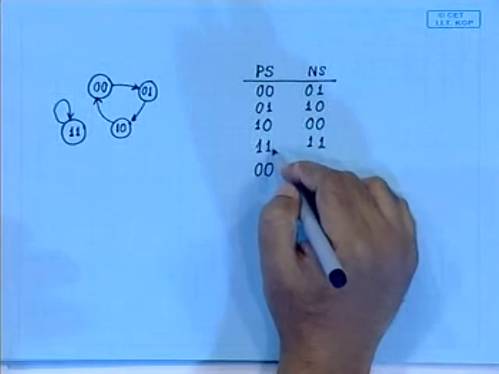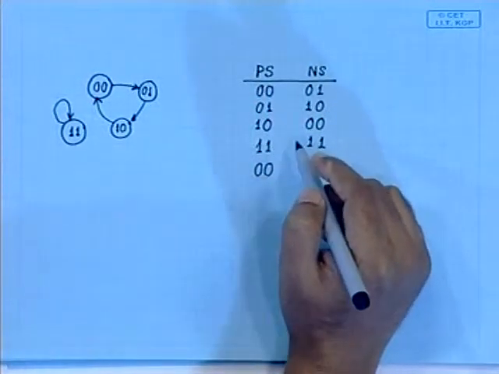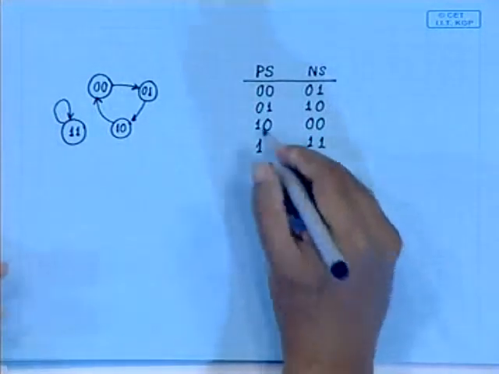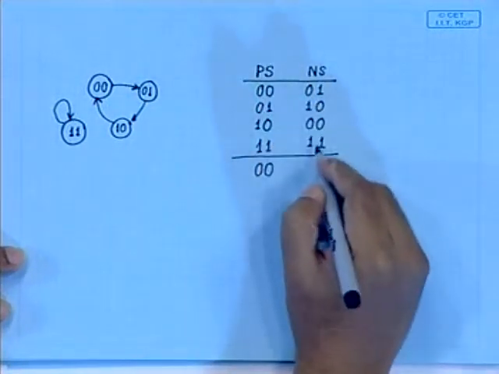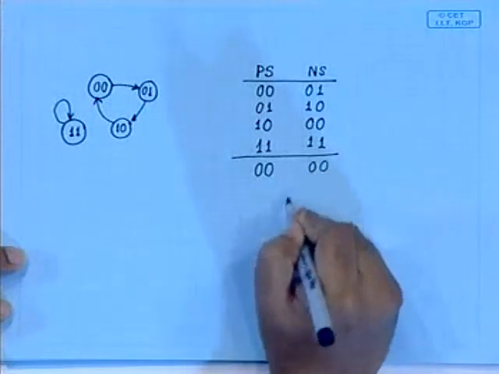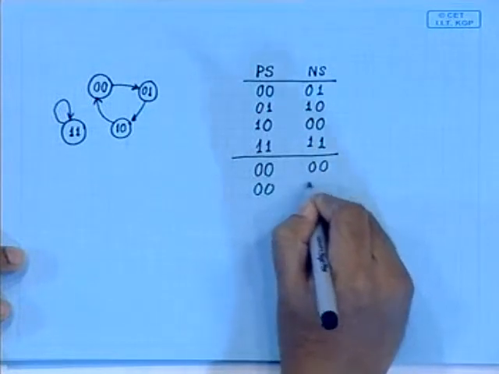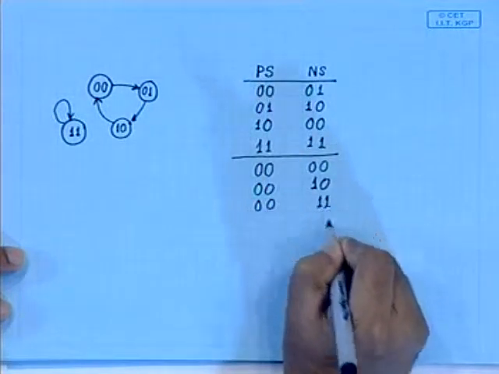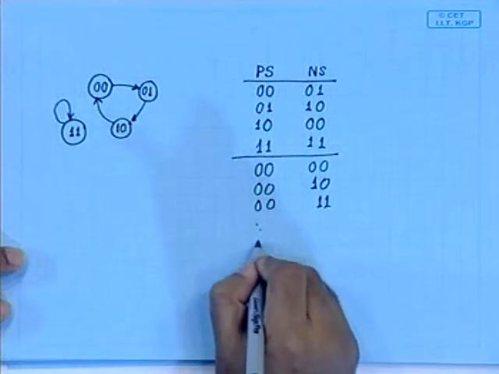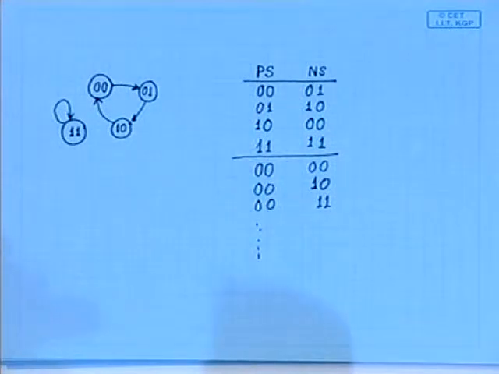We have only 4 here, so there are 12 others. What are those 12 others? Let me write them down below the line. From 00 to 00, from 00 to 10, from 00 to 11, and so on. These are the remaining 12.